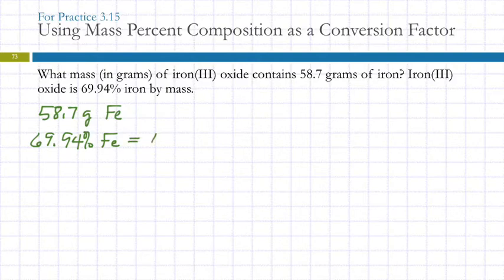That means there are 69.94 grams of iron for every 100 grams of the compound, which is Fe2O3.